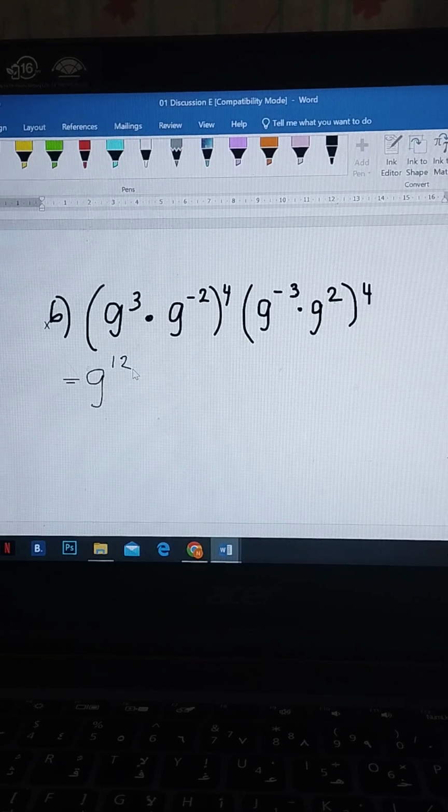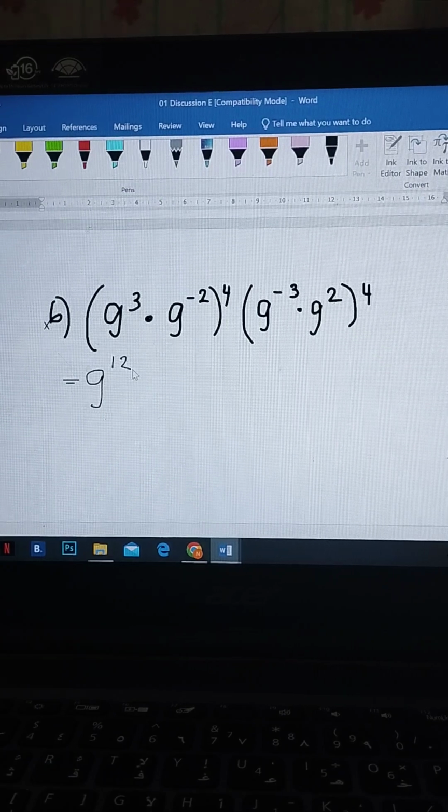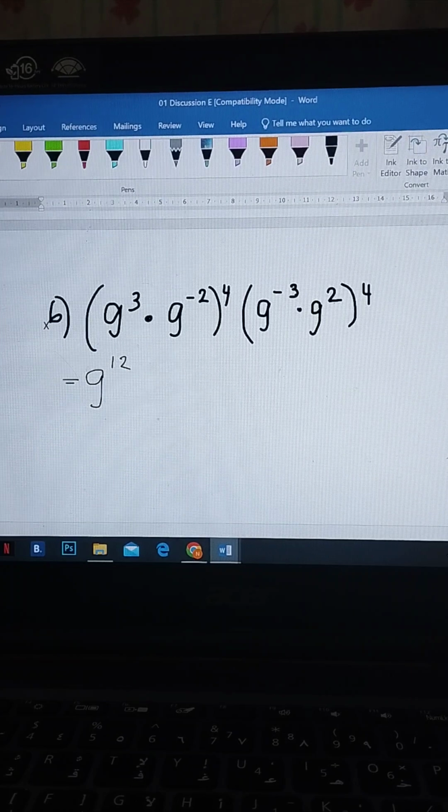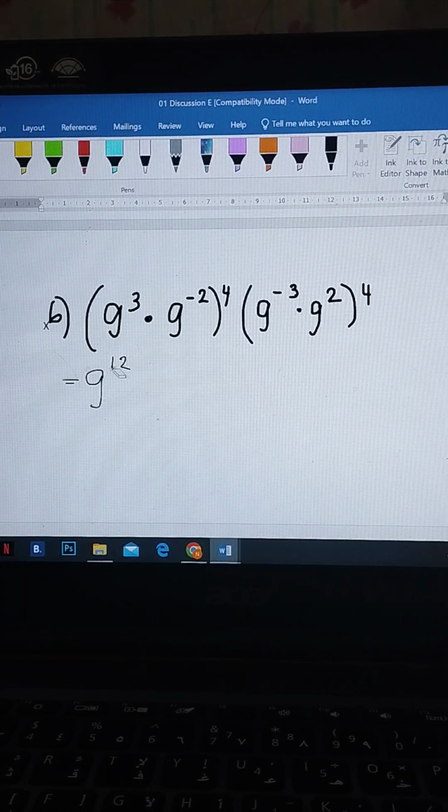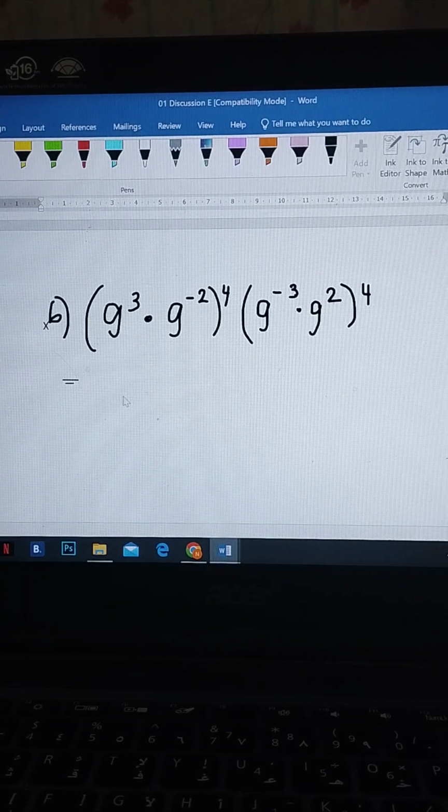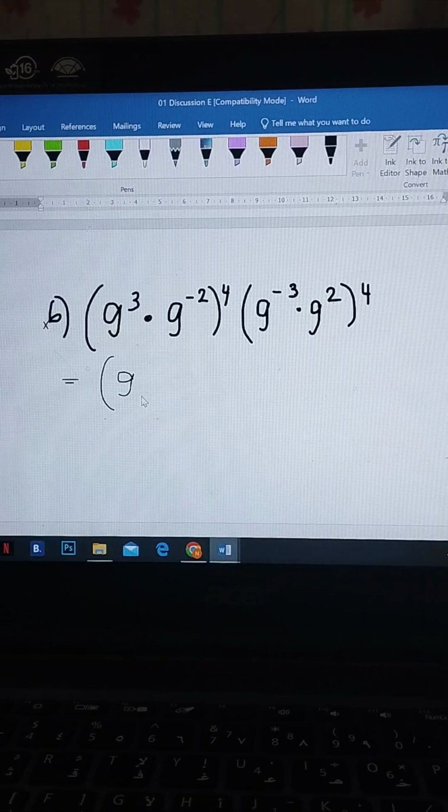Okay, so since the base inside the parentheses are the same, perform first what is inside the parentheses. So that is g raised to 3 plus negative 2 is 1, so g raised to 4.